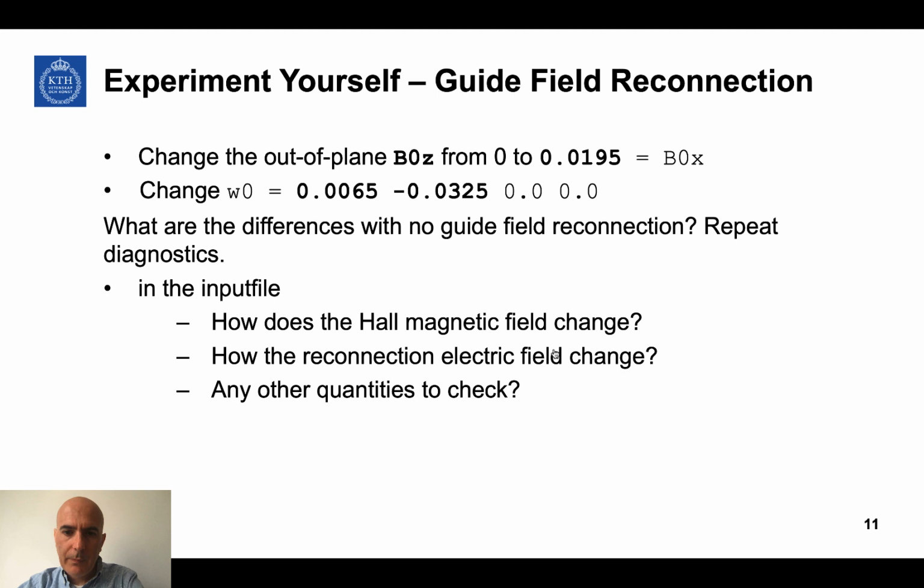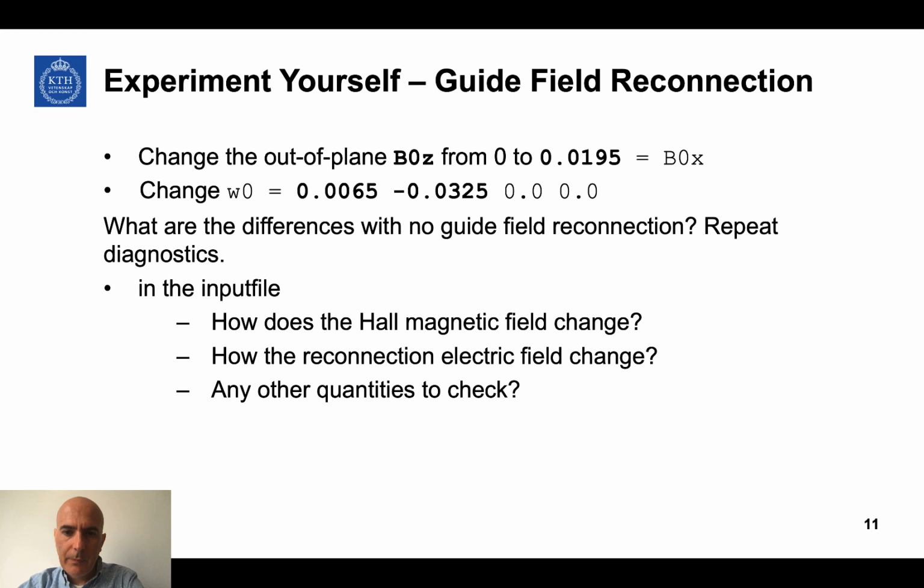So how do we do that? The only thing we need to do is change the input file. We don't need to recompile, as long as you compile one time. At the top of the input file you will have B naught X, B naught Y, and B naught Z. In the simulation I've shown in this lecture, only B naught X is set up.